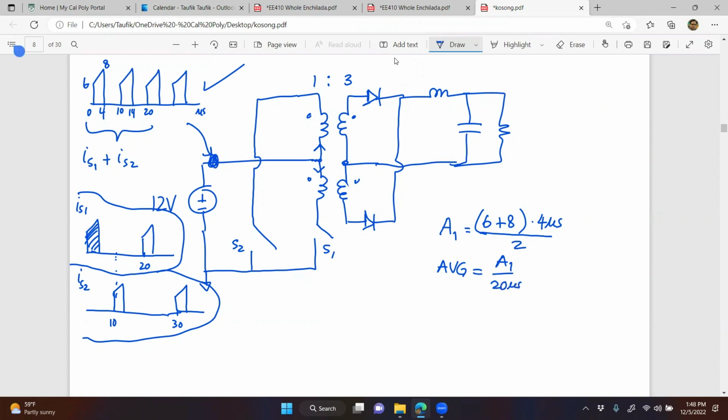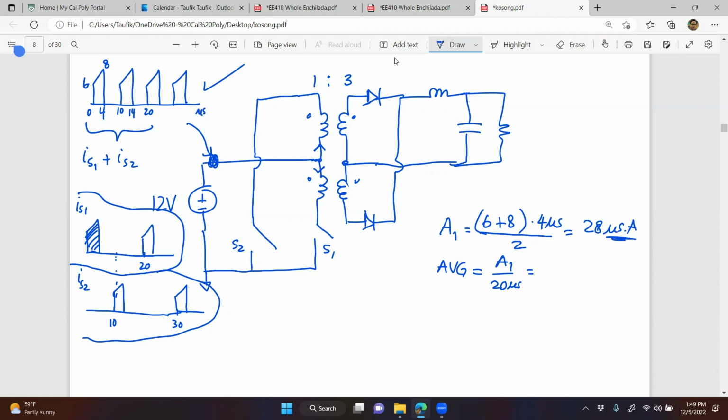Yes. So that's the answer for this. We got 6 plus 8, that's 14, divided by 2, that's 7. 7 times 4 is 28 microsecond-amps, I believe.